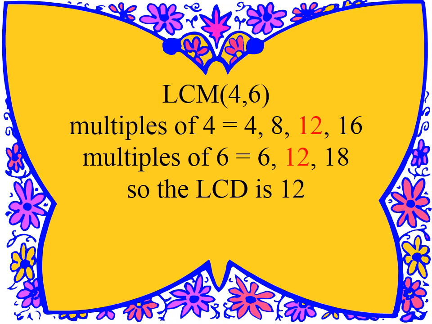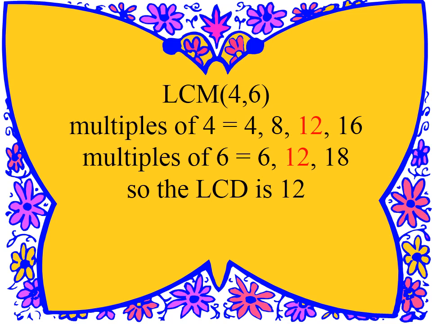Now, after you write the multiples of both numbers, can you give me a number common between the two lists? It means a number we can find in the multiples of 4 and in the multiples of 6. Yes, there is 12. Excellent.